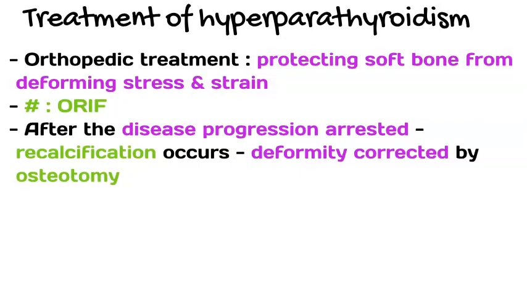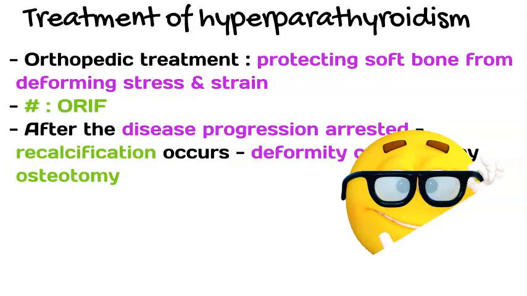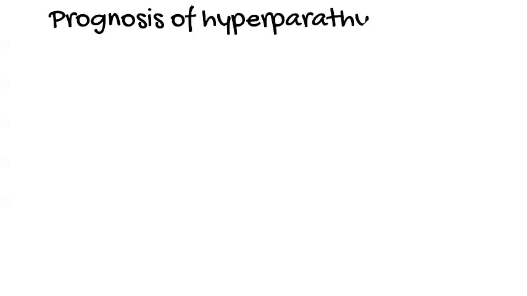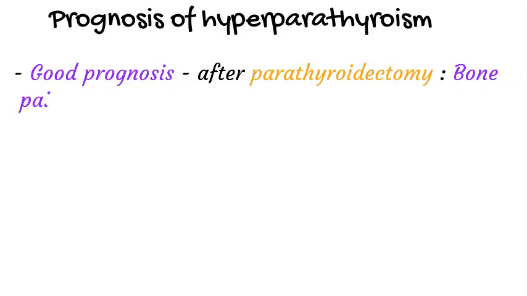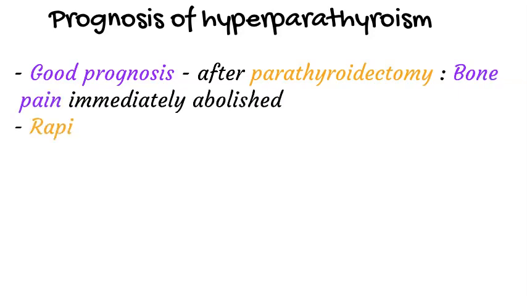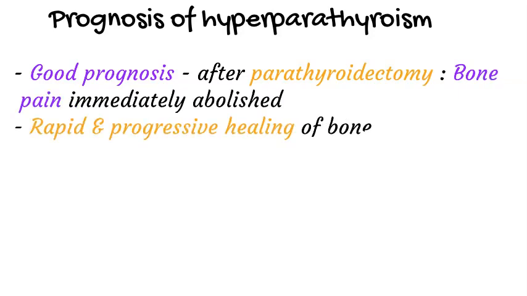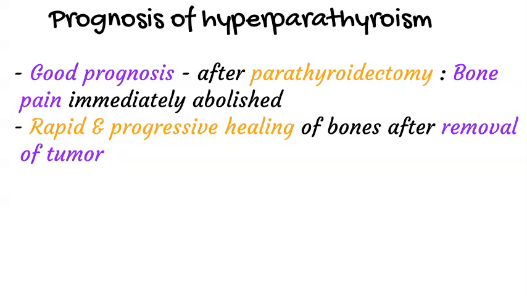Deformity is corrected by osteotomy. Prognosis of hyperparathyroidism: good prognosis occurs after parathyroidectomy. The bone pain is immediately abolished. There is a rapid and progressive healing of bones after the removal of the tumor.